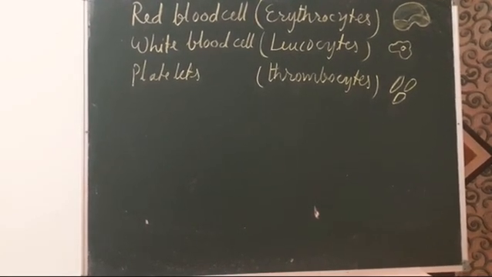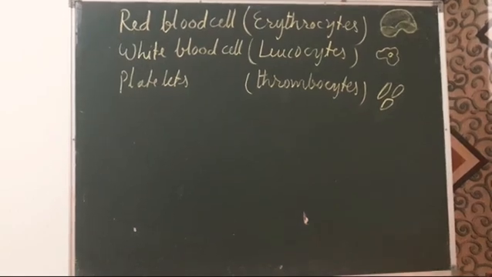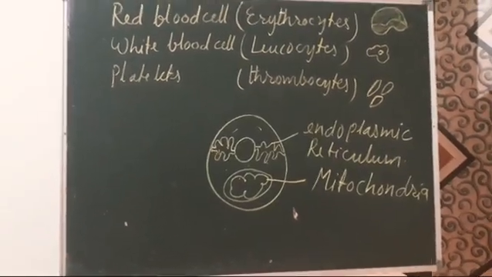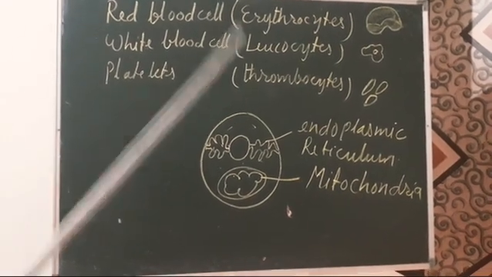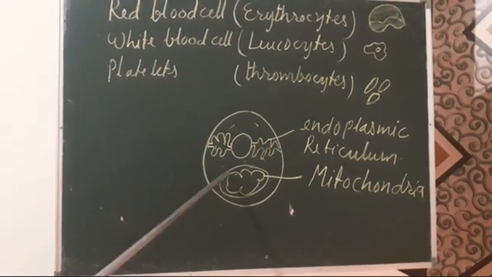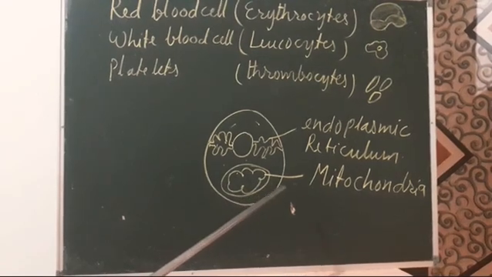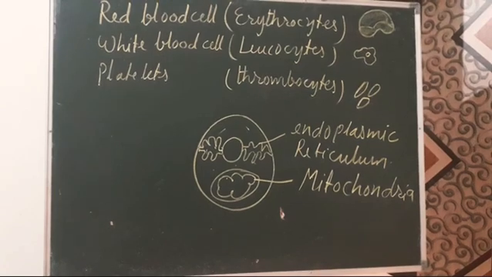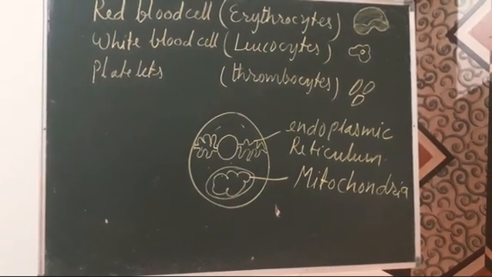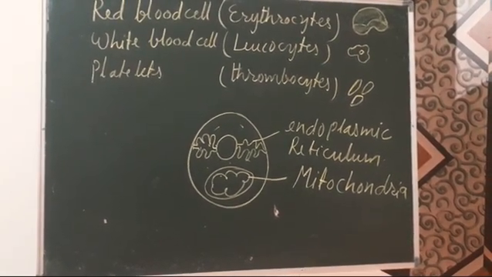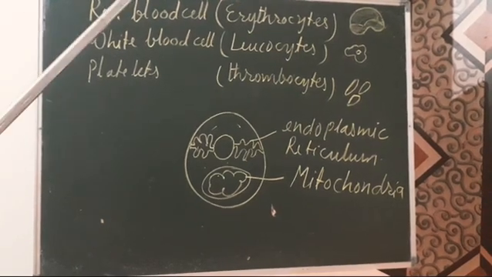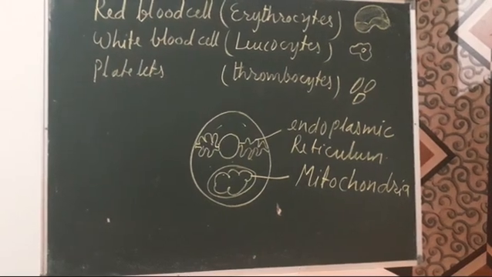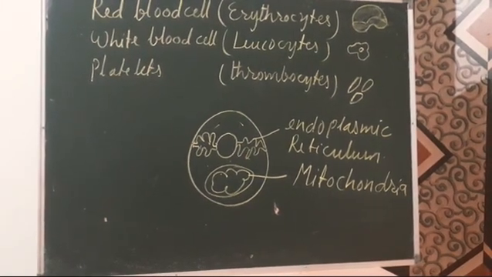Next is loss of mitochondria. You know that in the cell, here you can see the mitochondria is present. Loss of mitochondria means there is no use of oxygen in the cells. RBCs do not have mitochondria, so that they cannot use the oxygen for themselves.